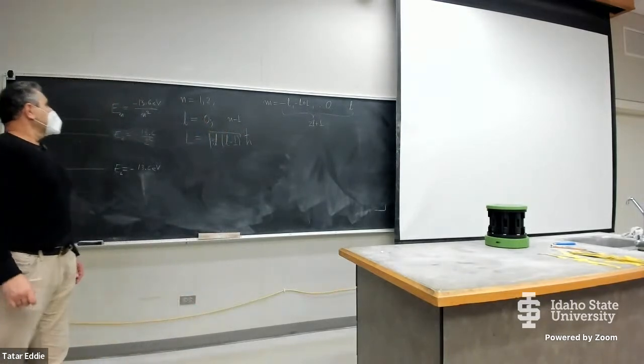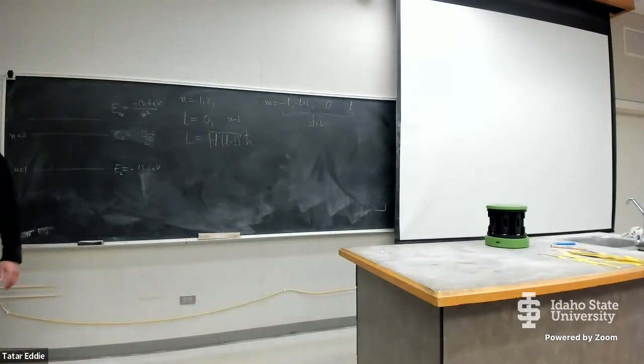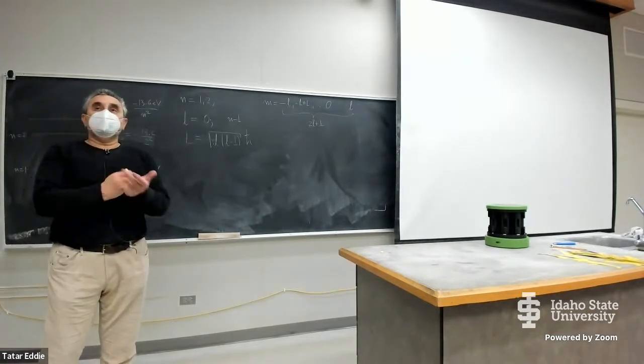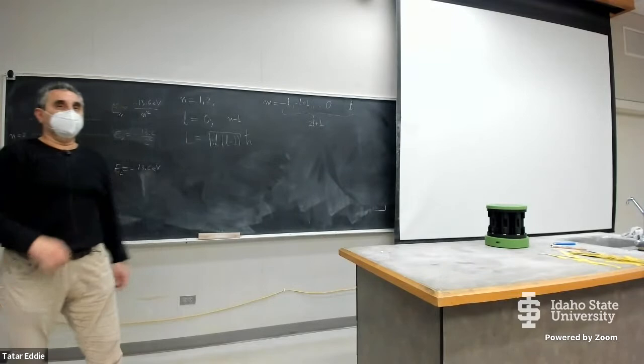In other words, if the orbital quantum number of an electron, let's say, is 2, the magnetic quantum number could be -2, -1, 0, 1, or 2.